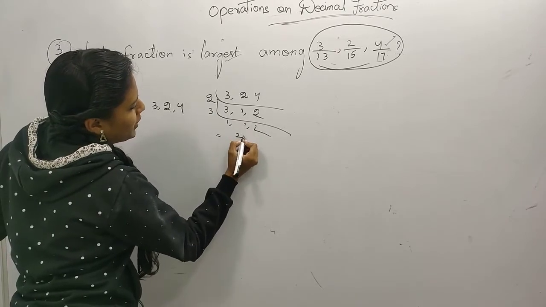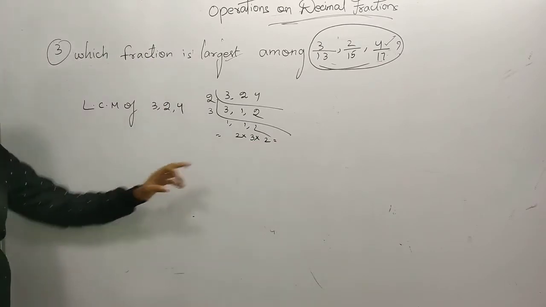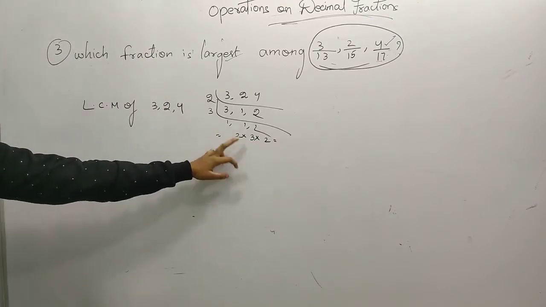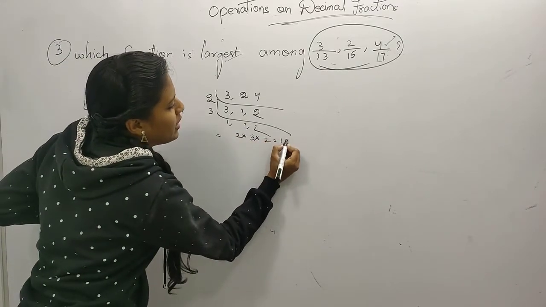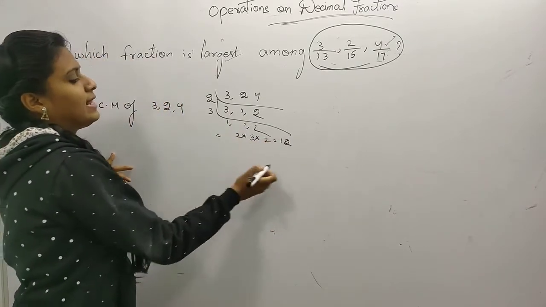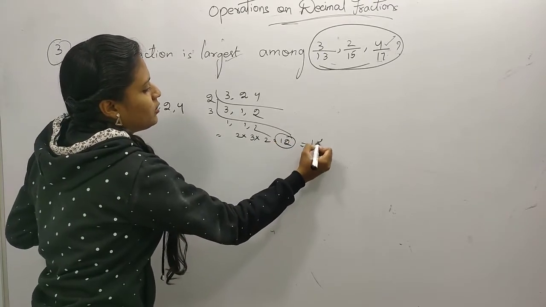This goes to 2 into 3 into 2. We got the LCM: 2 into 3 into 2. 2 3s are 6, 6 2s are 12. Okay, we found the LCM. The LCM value we got is 12.